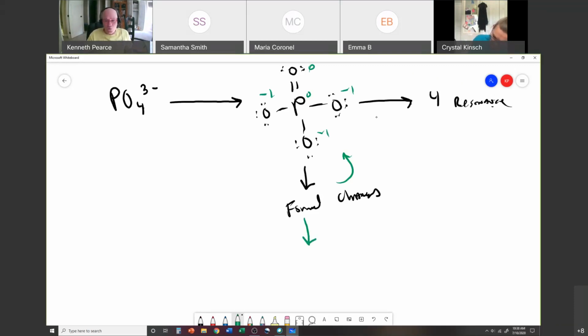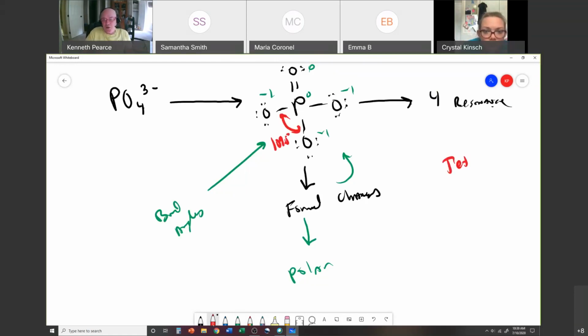You should also be able to say this thing is very polar. And you should also be able to say what the bond angles are. The bond angles on this guy are approximately 109, because it is tetrahedral.